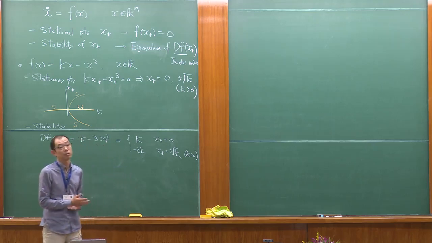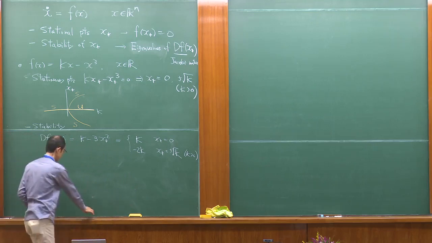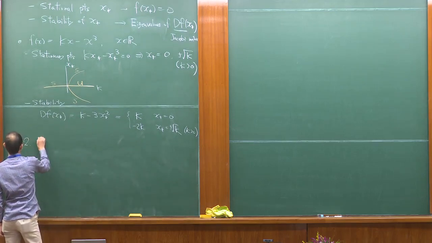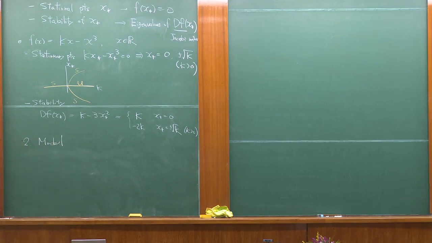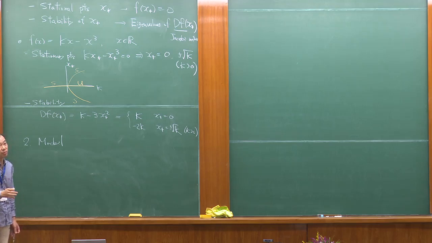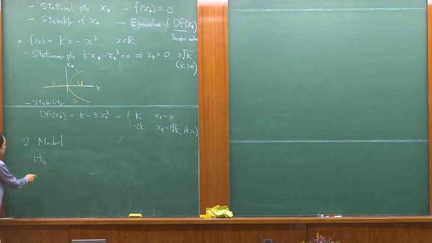So before going to the Vlasov equation, I fix the system which we consider in my lecture. So the model. Now I concentrate on, as simple as possible, a very simple model. So I write down the n-body Hamiltonian.